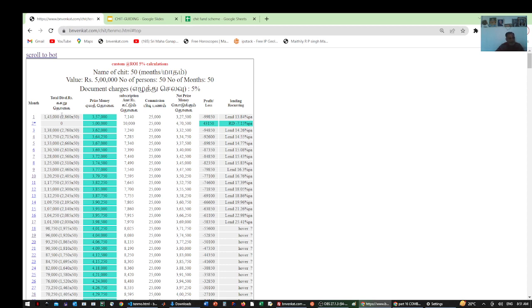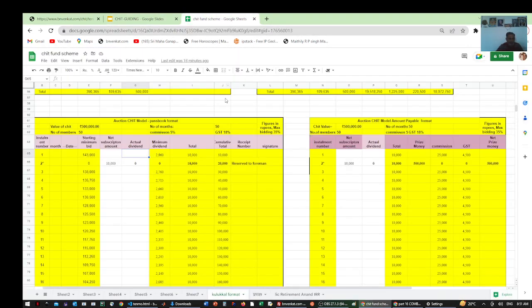Okay, this total dividend is carried to the Excel sheet, and there we made out a passbook format and also an amount payable format.